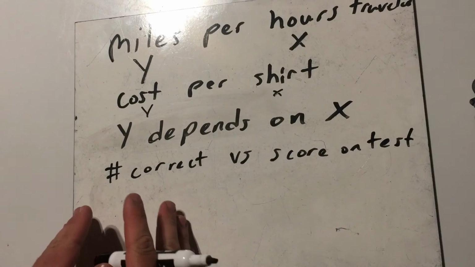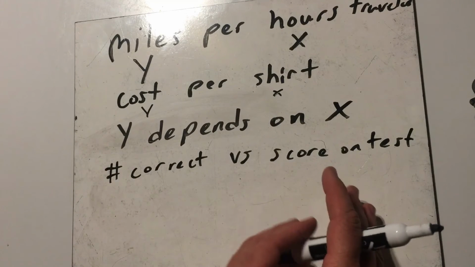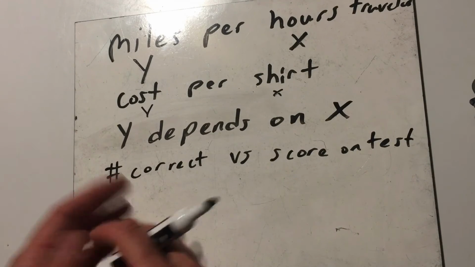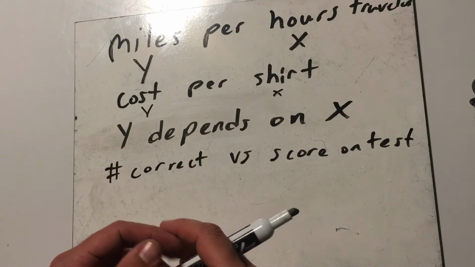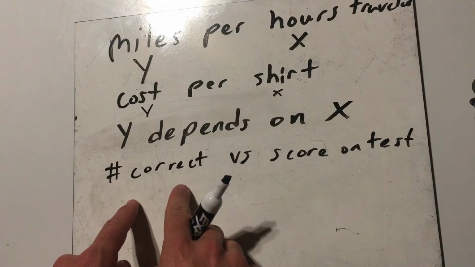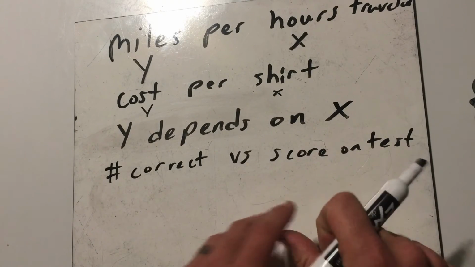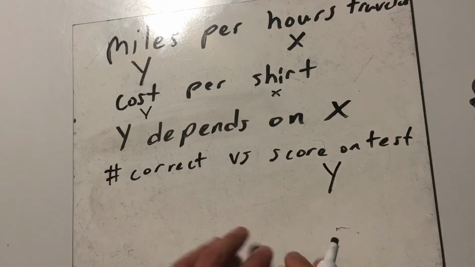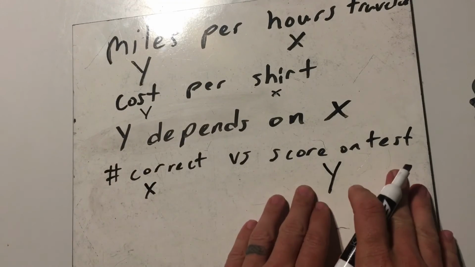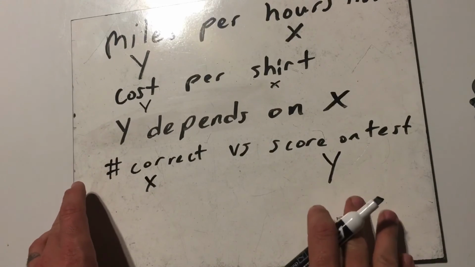Does the number of correct responses depend on my score? Or does my score depend on my number of correct responses? What comes first? Well, first I have to take the test. I have to get answers right. And that is going to then tell me what my score is. So my score actually very much depends on how many I get correct. My score, my Y, depends on my number correct. So my Y is actually on this side.